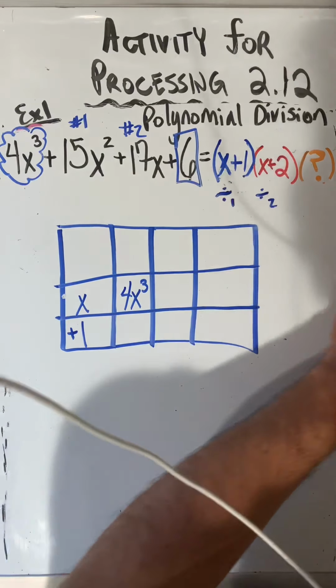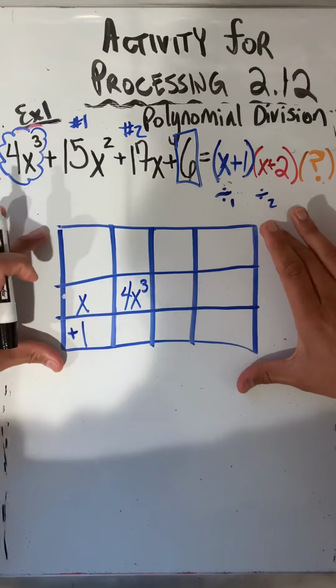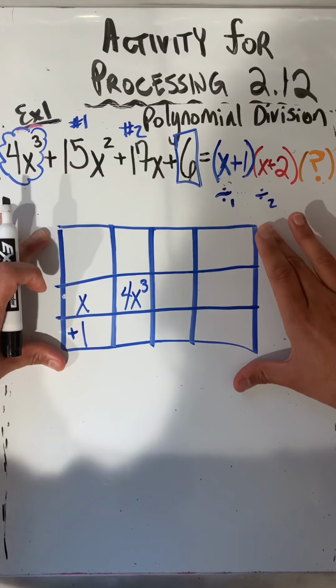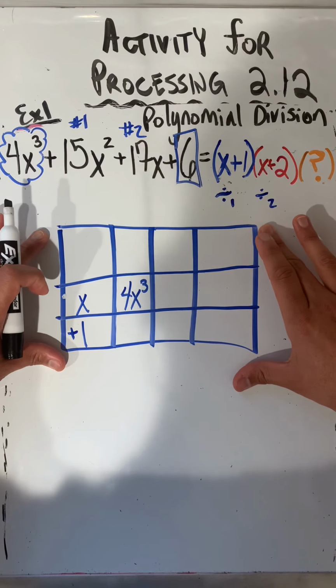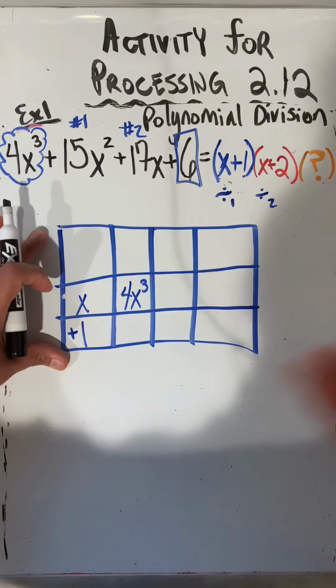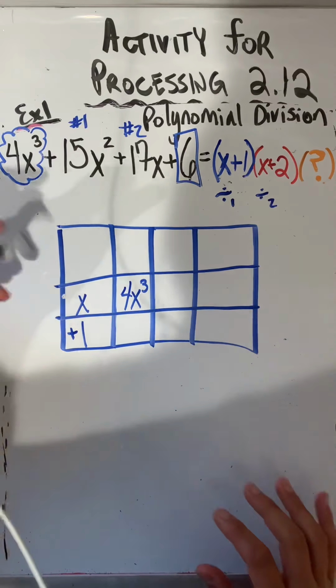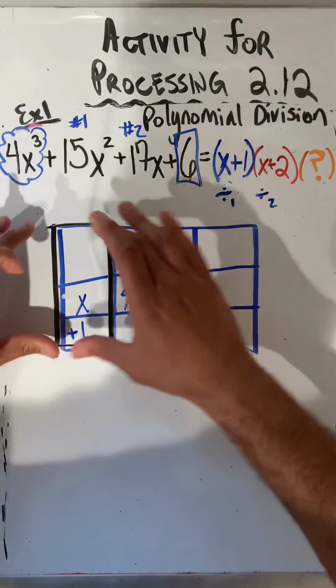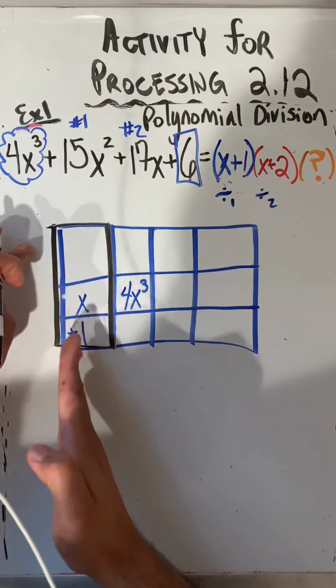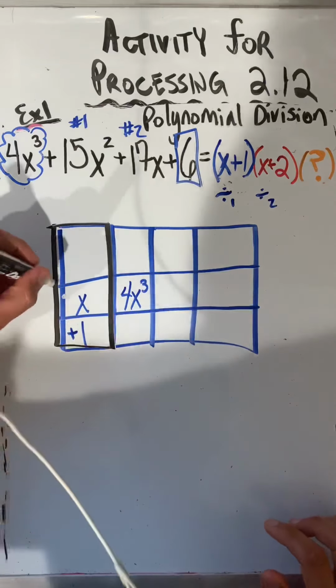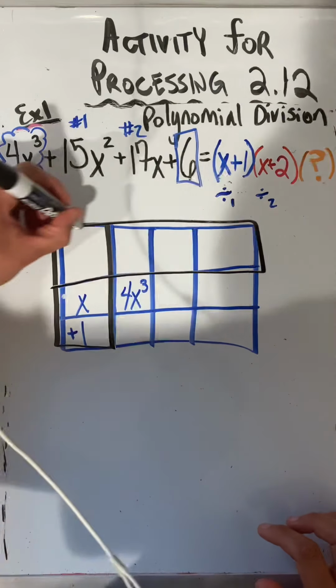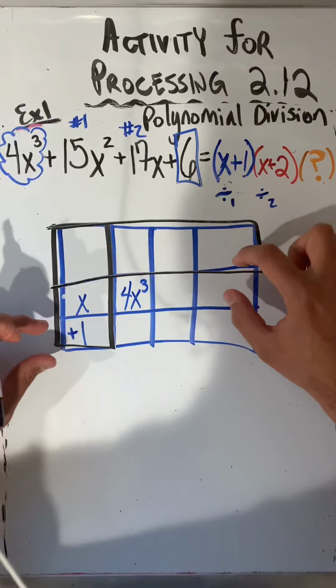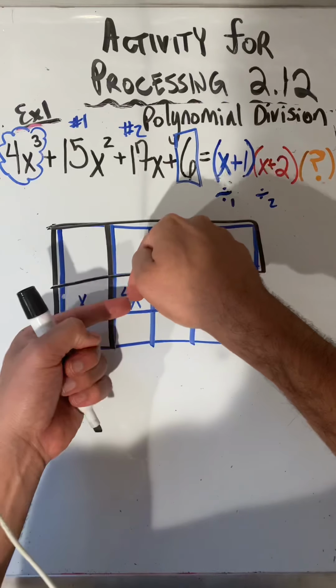Now, I'd also like to remind my crowd, we have seen a similar box being used before for FOIL, where we multiplied two binomials, or a trinomial and a binomial for the extension lesson. However, the same holds true here. You multiply the outside values on the edge of this box, and over here as well, and the results are found here.